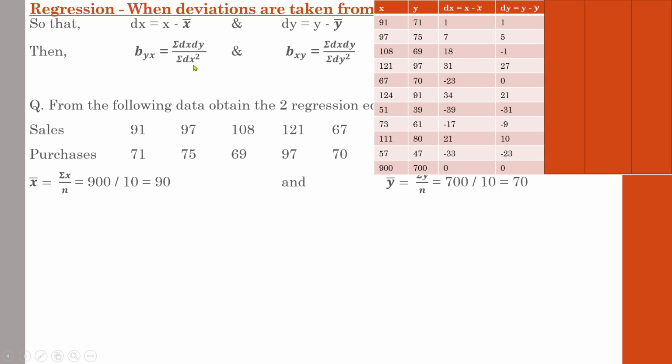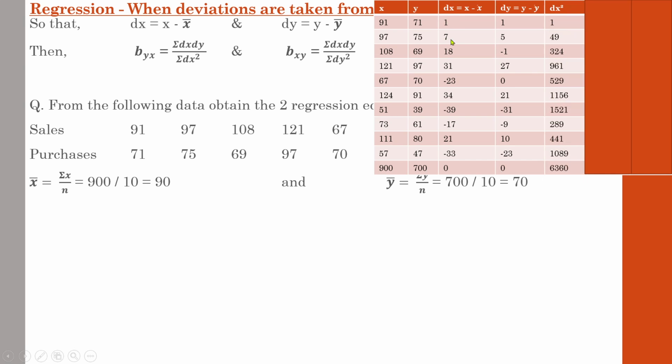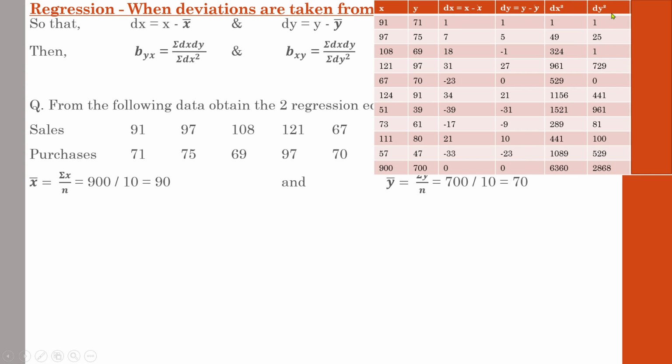That is why we are using this equation when the regression is computed on the basis of deviations from actual mean. Once you have found dx and dy, next you need to find dx square, that is the square of each individual value in dx. Take the total. Move on to dy square, the square of each individual item in the dy column.